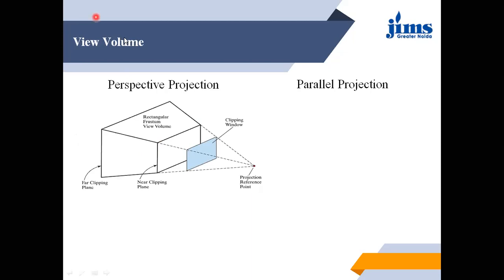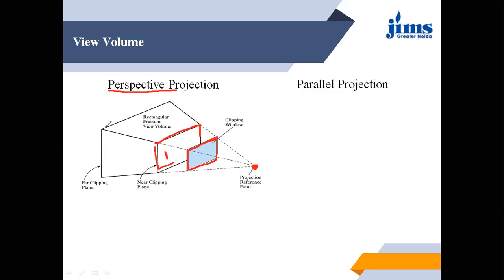What happens in the view volume: as this is our object, we have to make two images of the object. We are taking the example of perspective projection. In this case, this is the COP, at a definite distance from the object. So the first image of this will be over here.